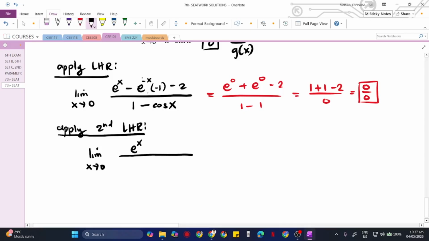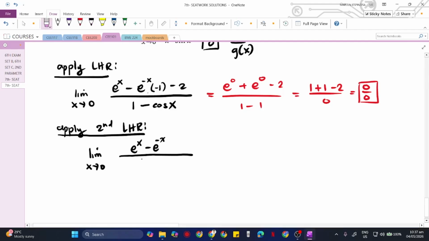Then, ito magiging positive na, di ba? Positive, kasi negative times negative. So, what is the derivative of e raised to the power of negative x? Magiging negative pa rin ito: negative e raised to the power of negative x, kasi yung derivative ng negative x pa rin is negative. So, although magiging positive na ito, it will still go back to negative pa rin yan. Okay? Derivative of 2, that is 0.